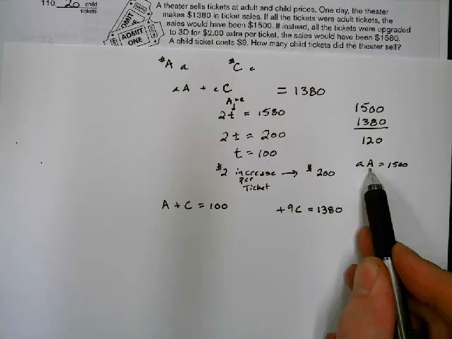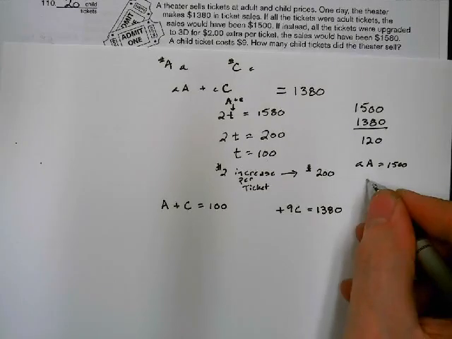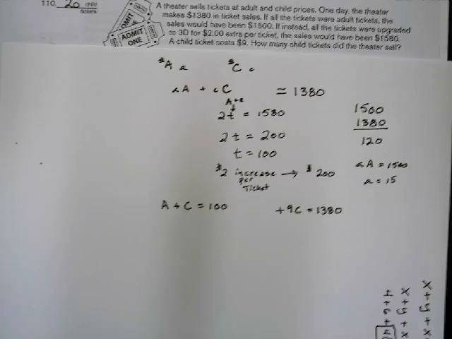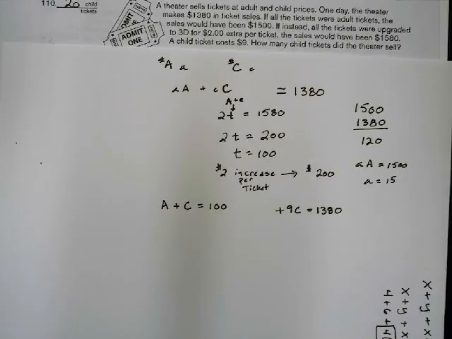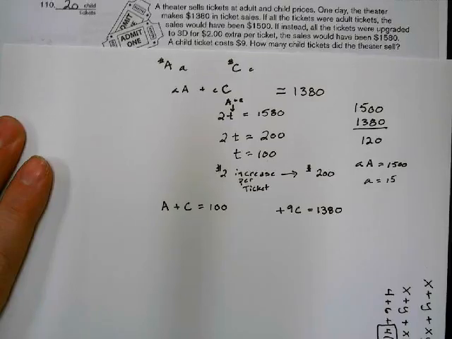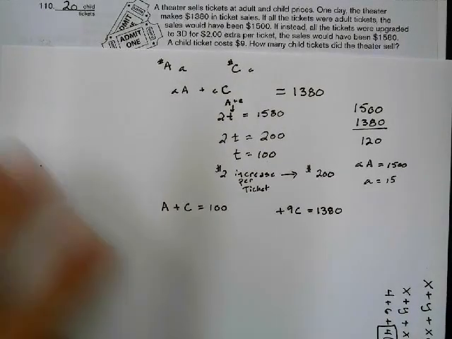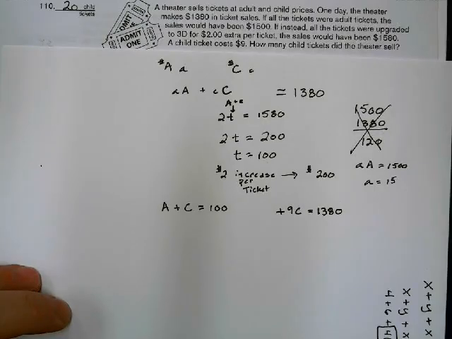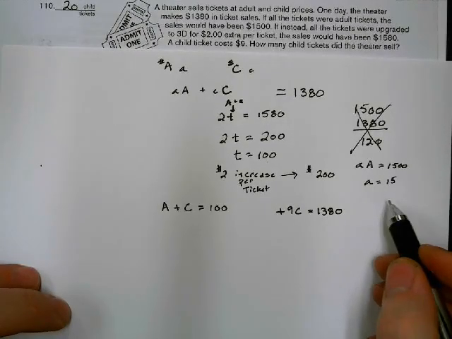Whew, this is really all over the place, isn't it? Okay. I don't know why I did this 120. I didn't need that. Okay. Are you with me now? So $15 times the adults. How did I find $15?